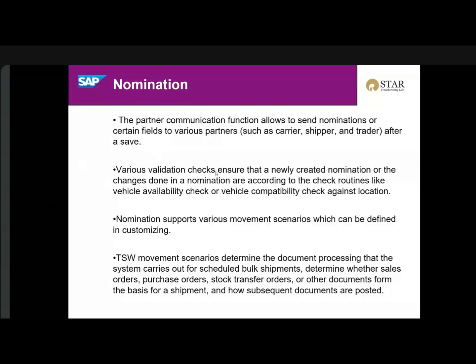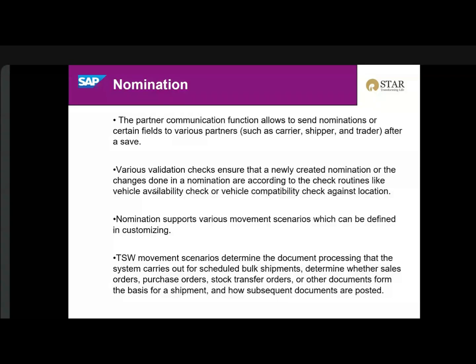Various validation checks ensure that newly created nominations and changes done in a nomination are according to check routines. There is one validation button, and when you click on that, the vehicle availability check, compatibility check, all these checks will be validated. Vehicle, I told you yesterday, vehicle availability.